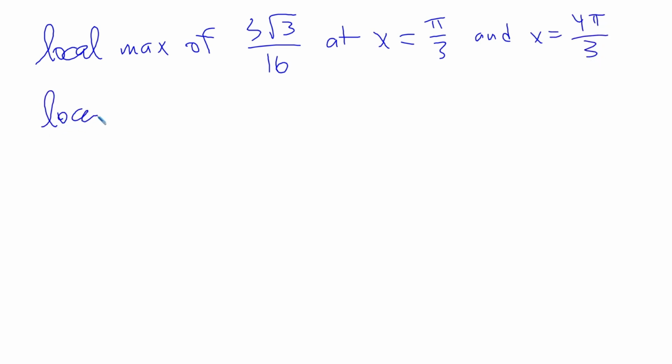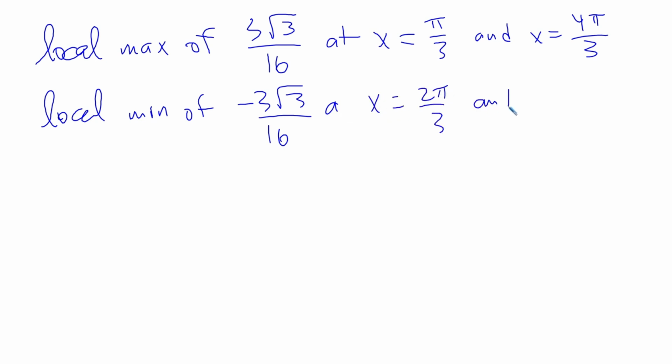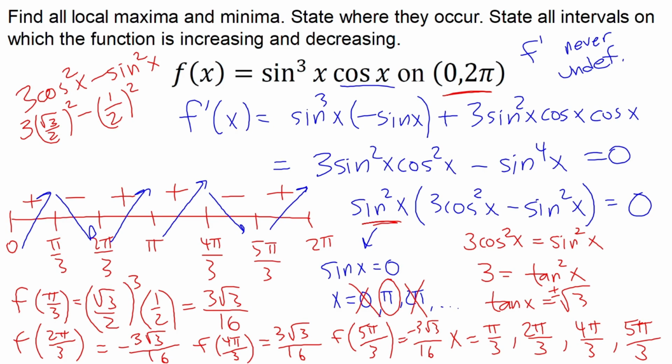And we had a local min of negative 3 root 3 over 16, and that was at x equals 2 pi over 3 and x equals 5 pi over 3. We can look back at our sign chart and see we had the max at pi over 3 and 4 pi over 3, and the mins at 2 pi over 3 and 5 pi over 3. And those were the values we got.